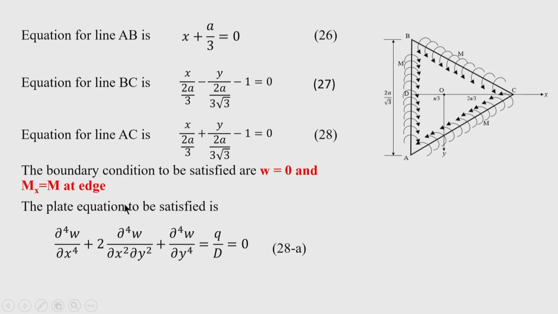Now, let us see the plate equation. The plate equation is del 4 W by del x 4 plus 2 del 4 W divided by del x square into del y square plus del to the power 4 W by del y to the power 4 equal to q by D. Since no load is applied here, the right hand side is 0.